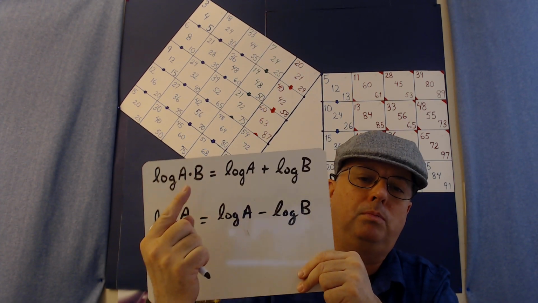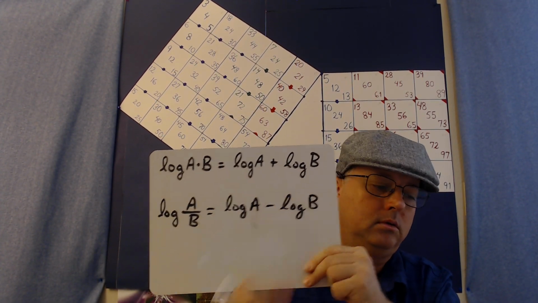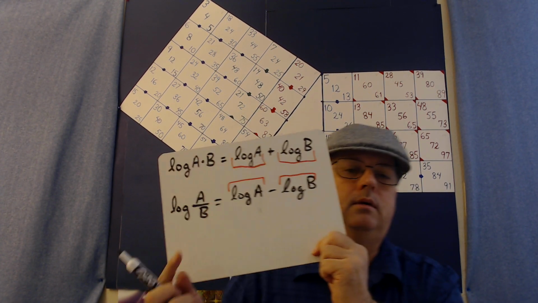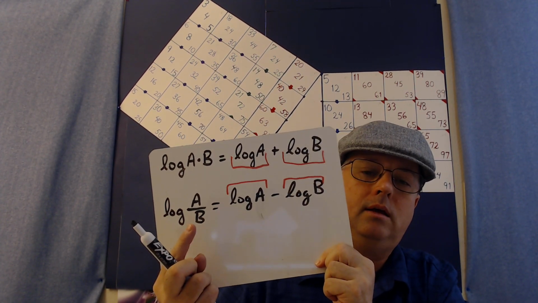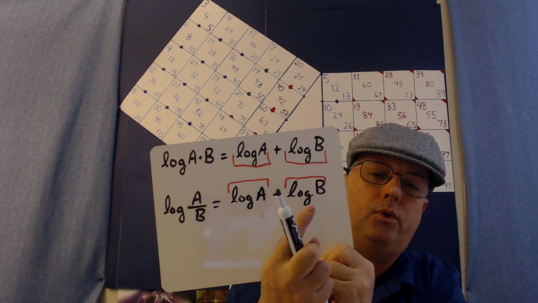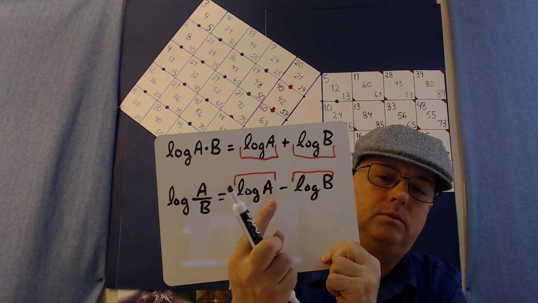So when we're multiplying, we add the exponents, and each of these are exponents. The log of A is an exponent. The log of B is an exponent. And when we're dividing, that means we subtract the exponents. And these are exponents.